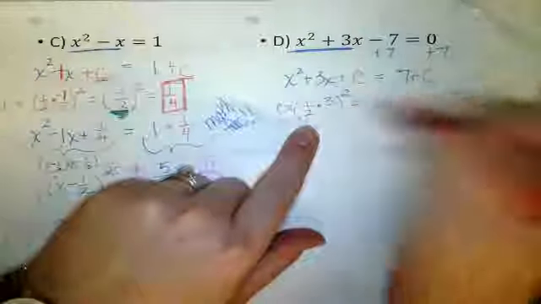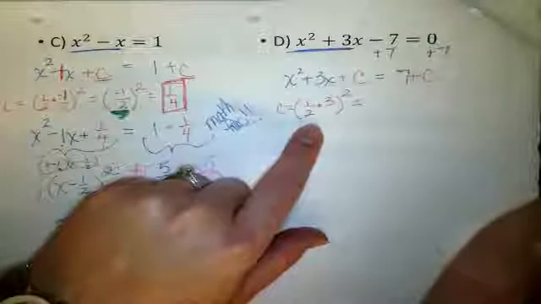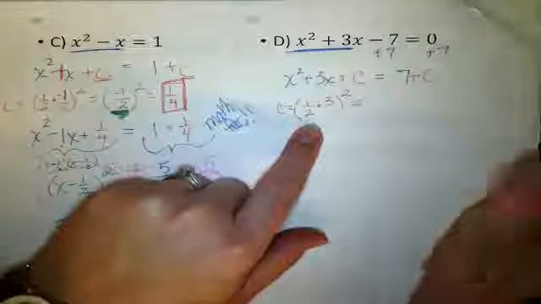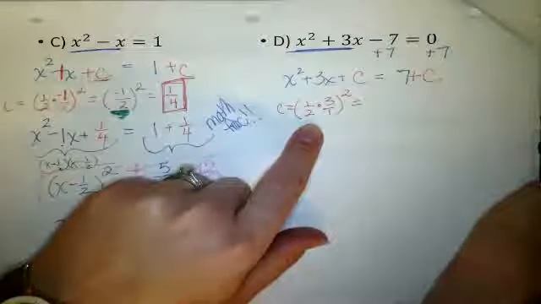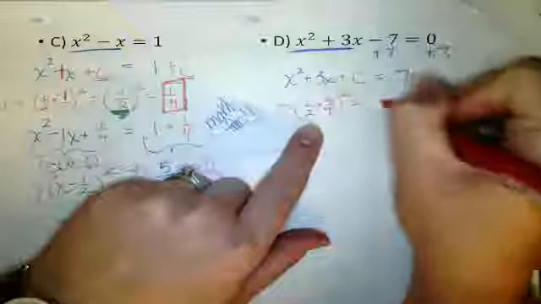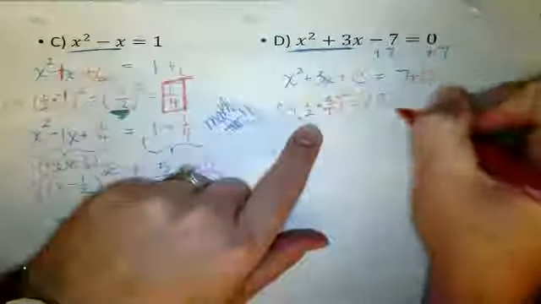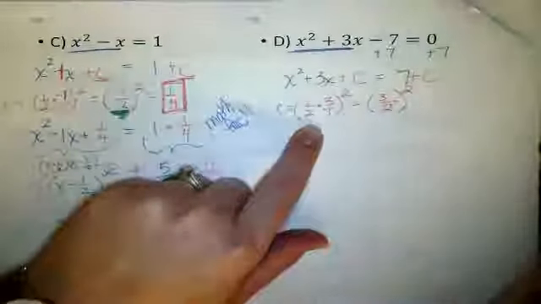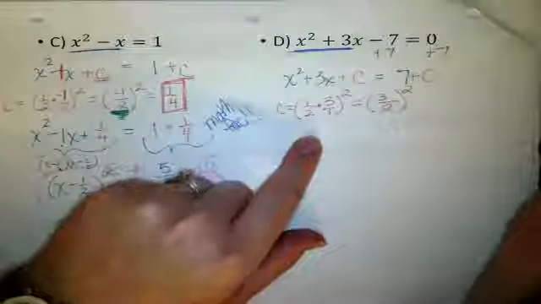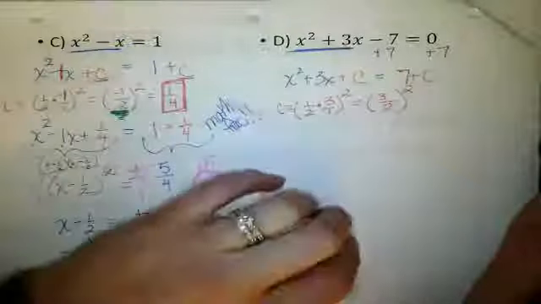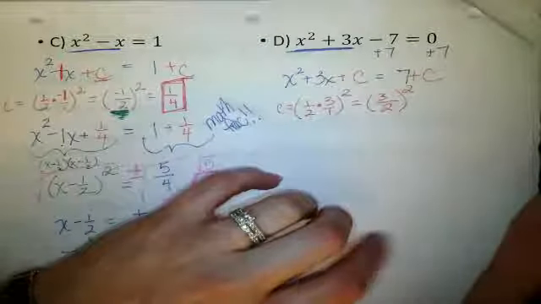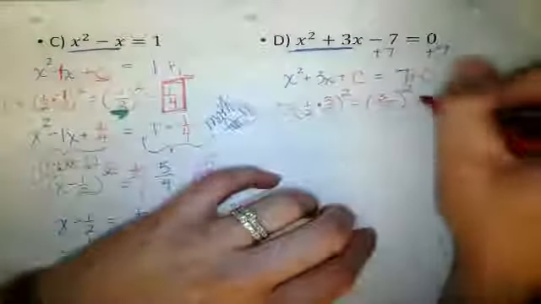How do you multiply 1/2 times 3? Put it over 1 and go straight across. 1 times 3 is 3. 2 times 1 is 2. And we want to square that. What is 3/2 quantity squared? 9/4.